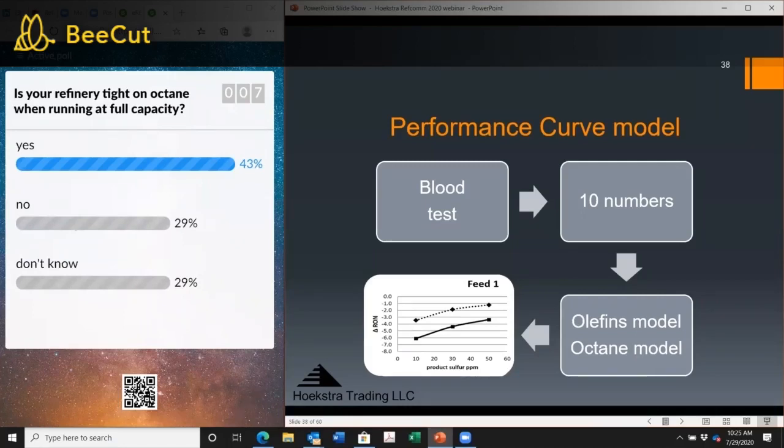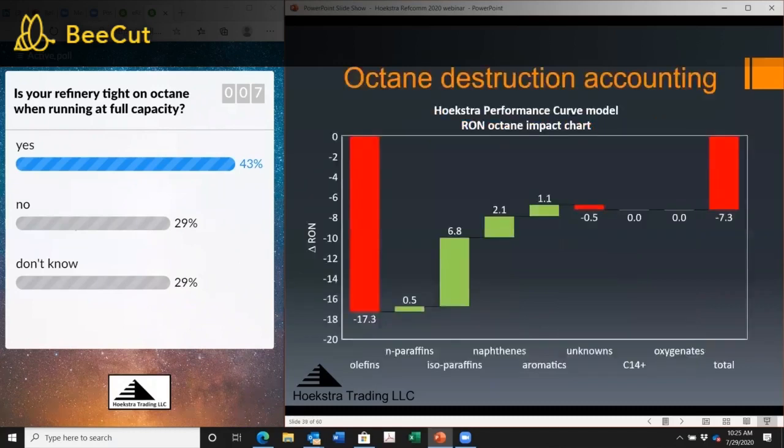The olefins model and the octane model are, we believe, the best available models for this purpose. And the output is delta octane versus product sulfur, which is the performance curve. And then you can see the effects of the different changes you can make. And you can also do the effects of things like endpoint or cut points, like for endpoint cutting.